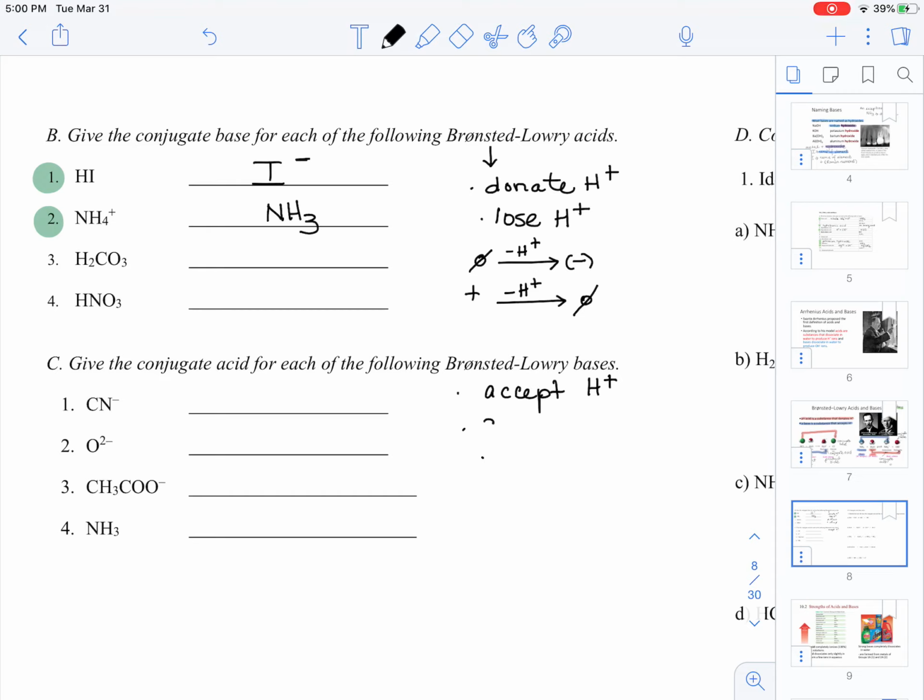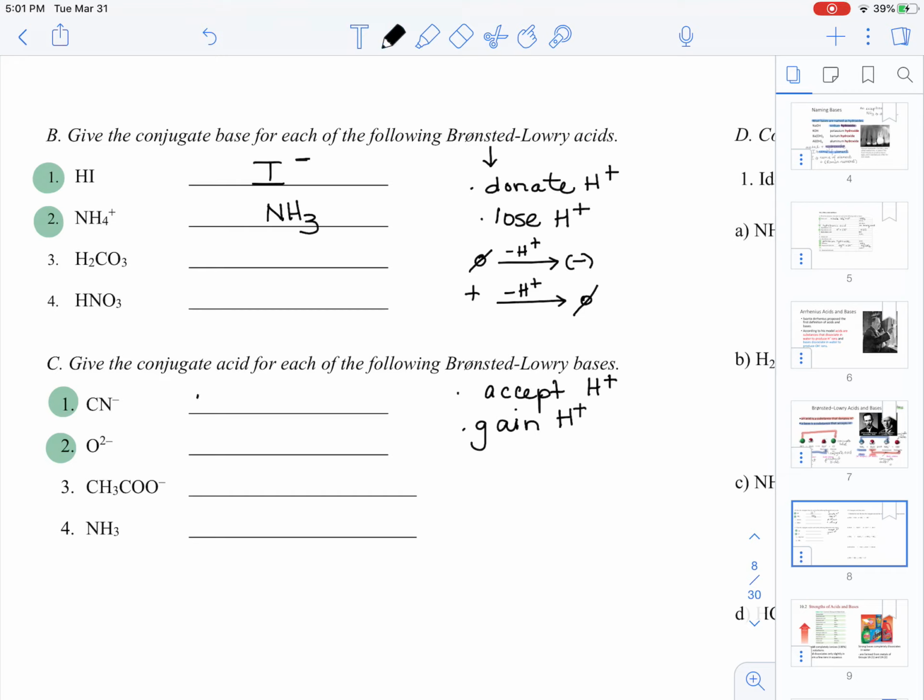That means that they're going to gain an H plus or a positive charge. So, for example, I'm going to do number 1 and number 2.